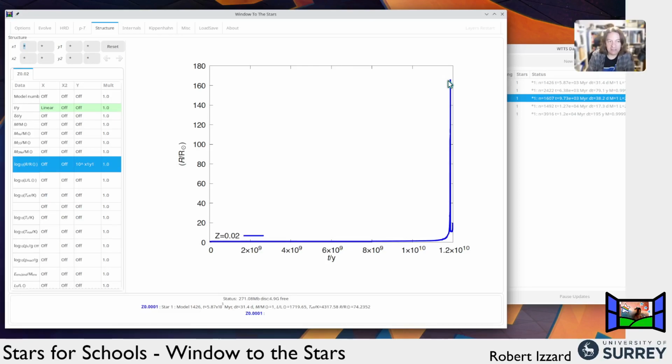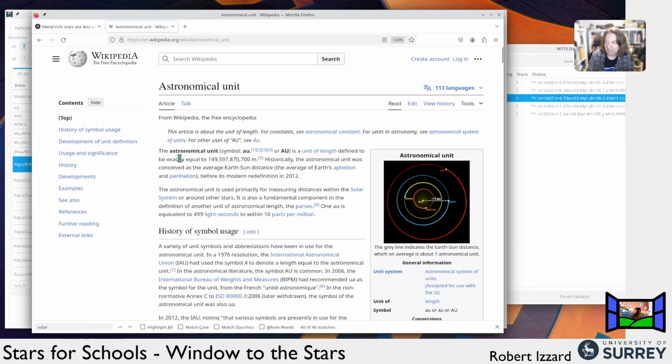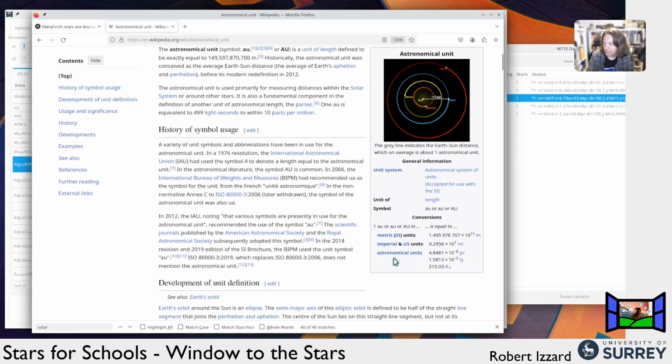because the Earth sits at 1 astronomical unit from the sun. And an astronomical unit is, I'll show you the Wikipedia page. The astronomical unit is defined as this many, zoom in a bit here, there we go, this many meters, which is 149 and lots of other zeros. If we scroll down a little bit, you see here it gives you the unit in other units.